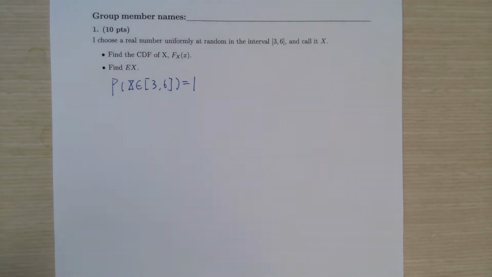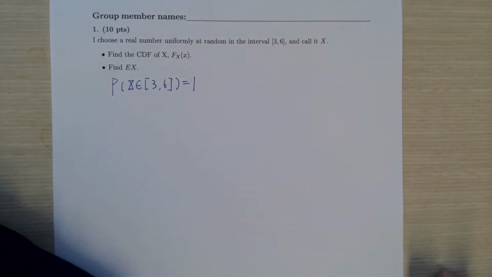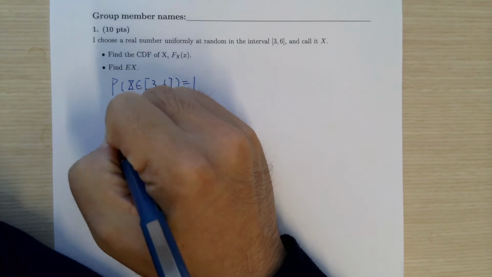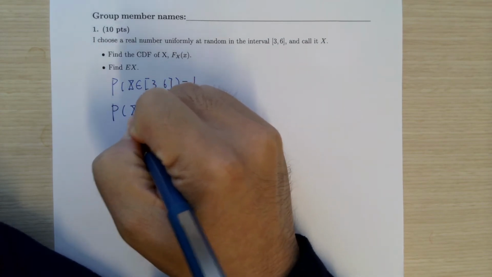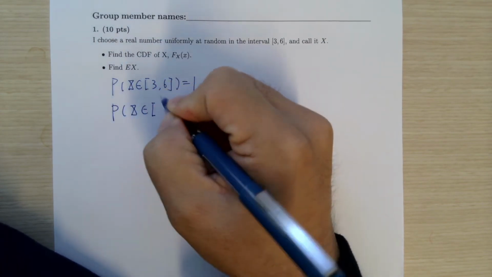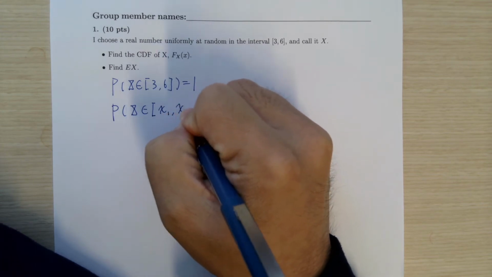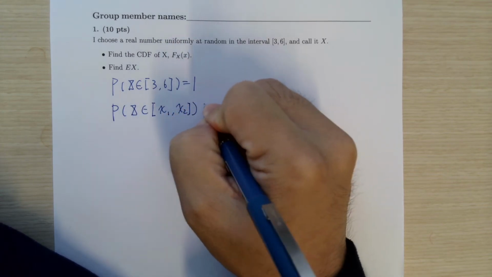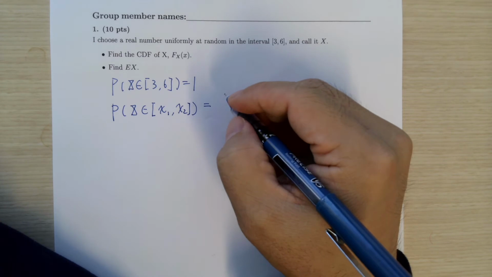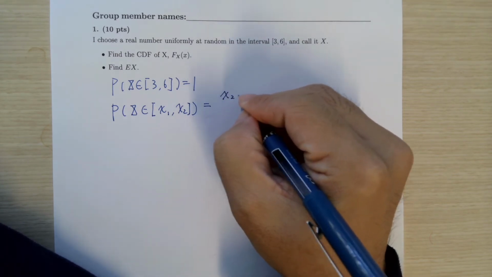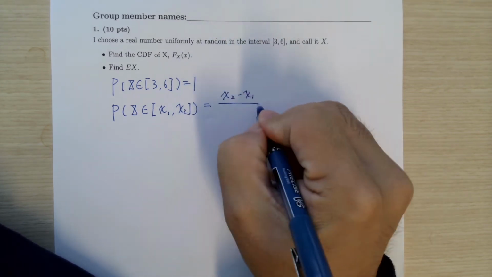Well, we can tell that the probability that X belongs to the interval from x1 to x2, again, is going to be proportional to its length.